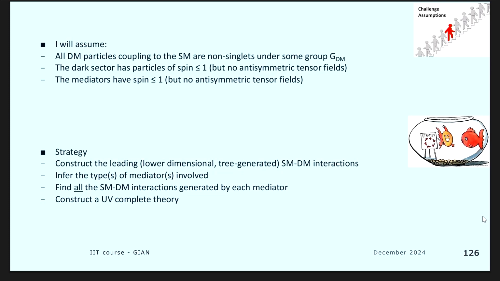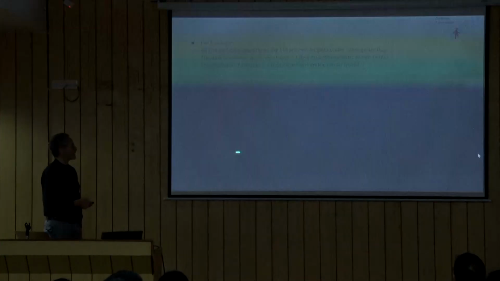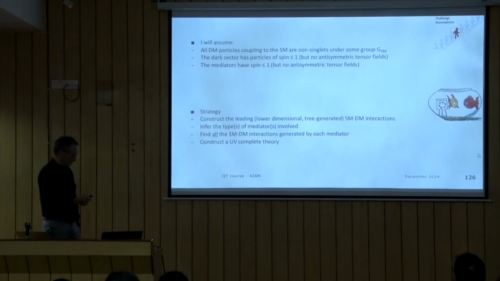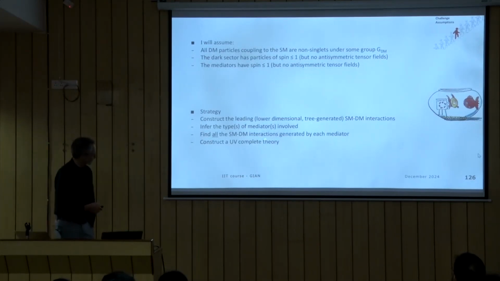So the strategy I will follow is to construct the leading, that is, as low-dimensional and tree-generated, standard model dark matter interactions, infer the types of mediators that can be involved, find all the standard model interactions generated by each mediator, and construct then a UV complete theory. I will not get to this part. I will just sketch it at the end.